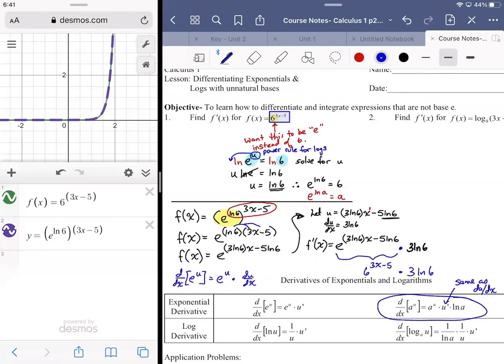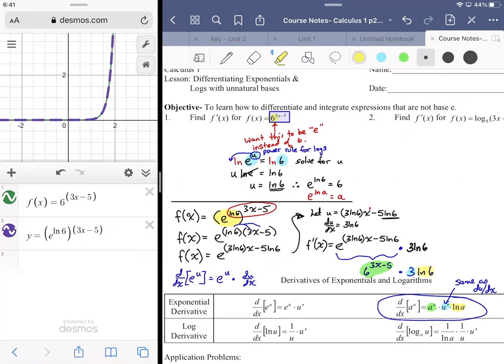Multiplied by the derivative of the exponent. So if I use my highlighter here, we did this piece. That's this. The 3 is the derivative of the exponent. And then multiplied by the natural log of whatever the base is, whatever the a value is. And you'd have it all in one shot.